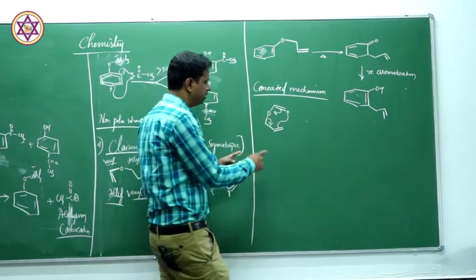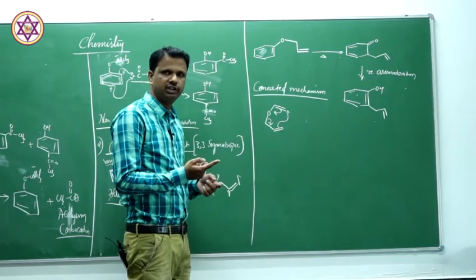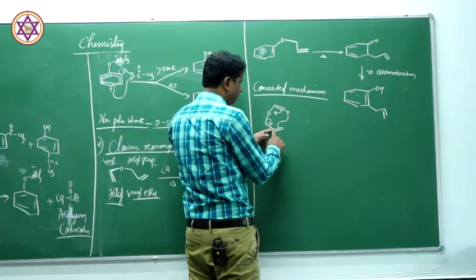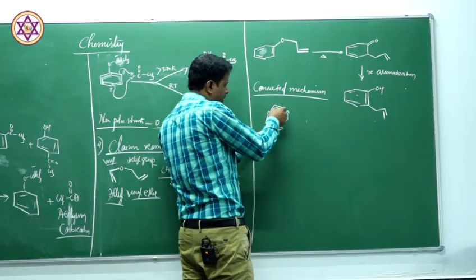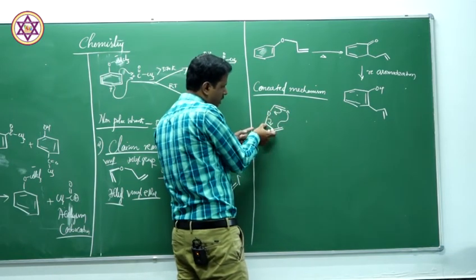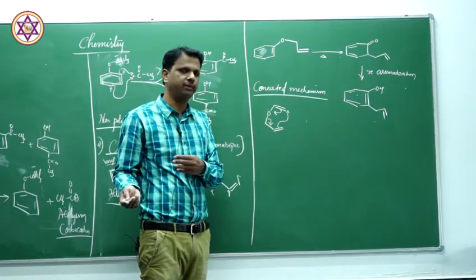I am just explaining the arrow marks. Wherever the arrow goes, the bond is shifting. That means this bond is attaching here, this bond is coming here, and this bond is coming here. The arrow mark represents the bond shifting.